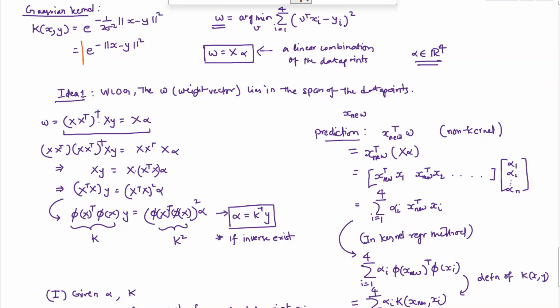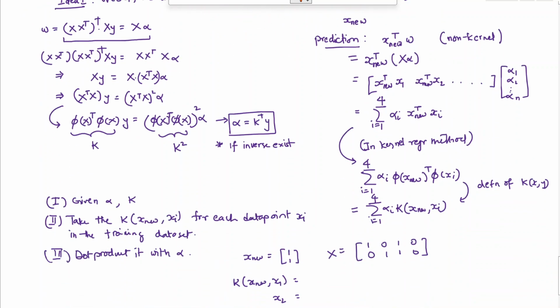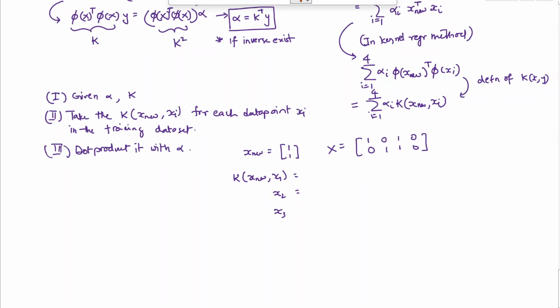This expression is what we have to use instead. So we write e to the power minus distance squared. So this would be e to the power minus 1. This will also be e to the power minus 1. This will be e to the power 0, and with x4 it would be e to the power minus 2. So this is the kernel of x new with each xi.